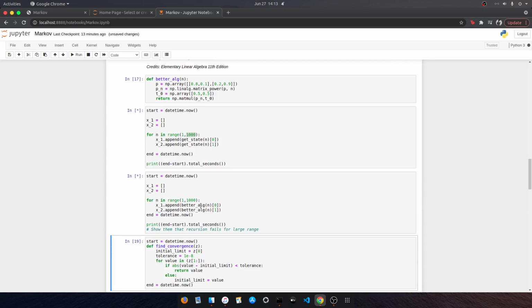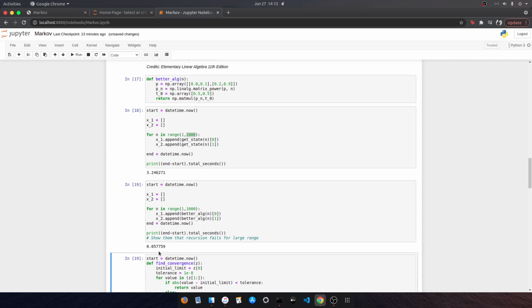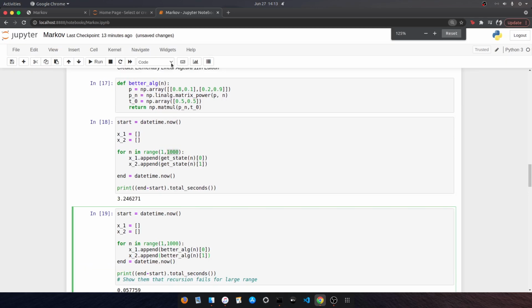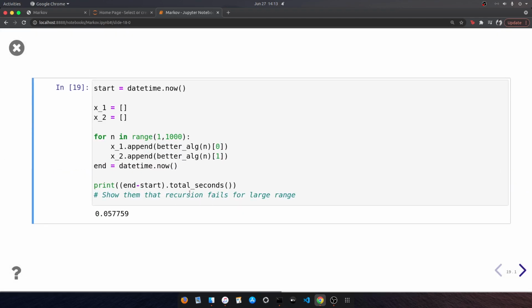All right, it's running now. As you can see, the duration, if we use the better algorithm that takes advantage of the result we've seen from the previous slide, our code executed in less than a second.